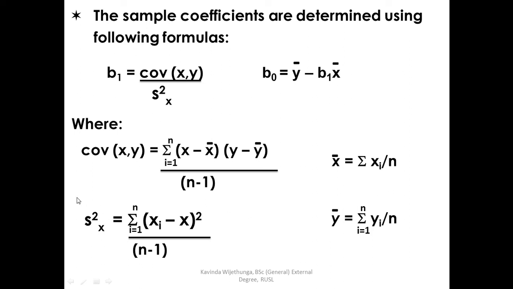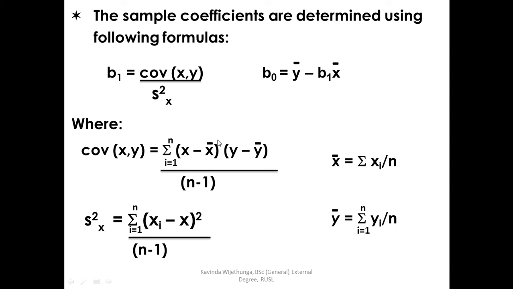The variance of x we define as sx squared equals the sum from i equals 1 to n of (xi minus x bar) squared over n minus 1, where y bar equals the sum from i equals 1 to n of yi over n.